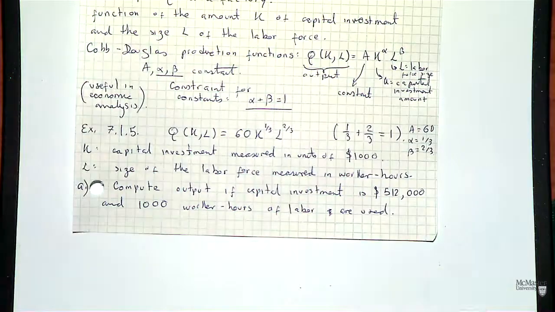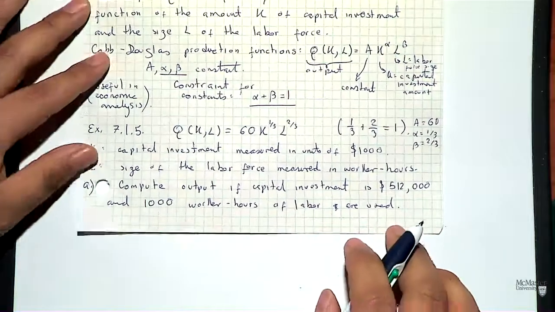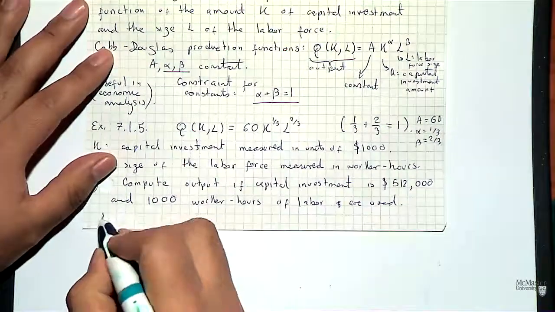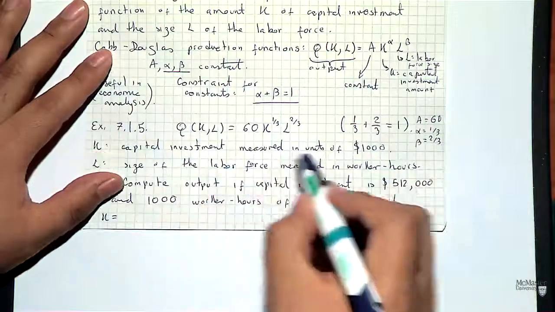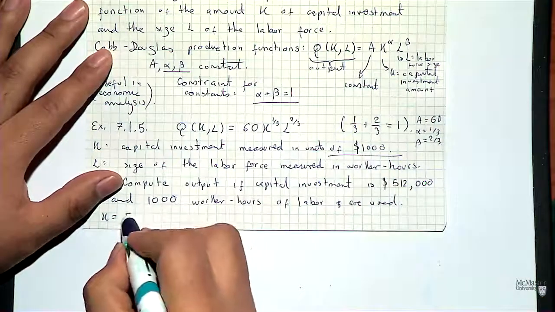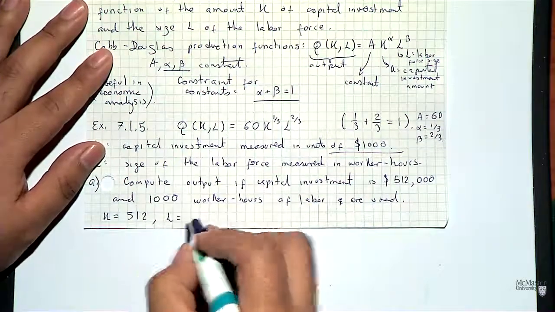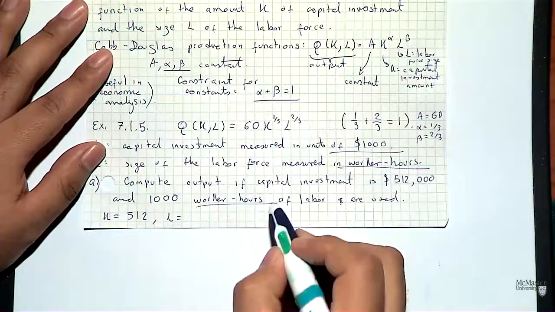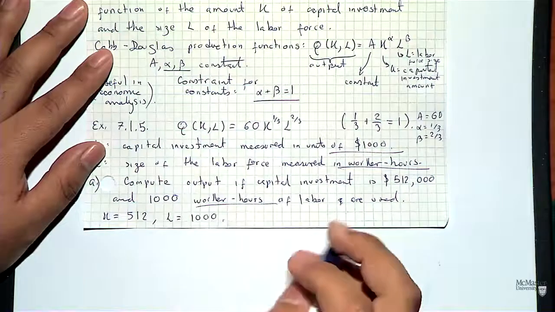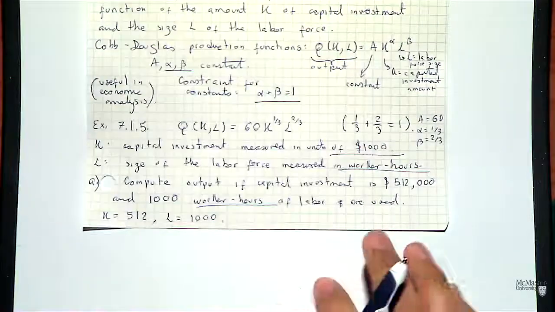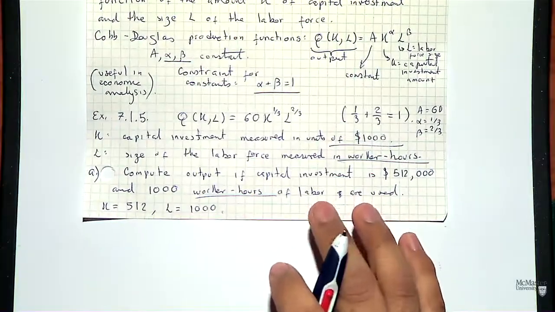So part of the first problem is to convert this into the units that you have. Because the units of K were in thousands, K is equal to 512 in terms of these units, and L was measured in worker hours, so this is just 1,000. You need the right units in order to not have a mistake in the computation.